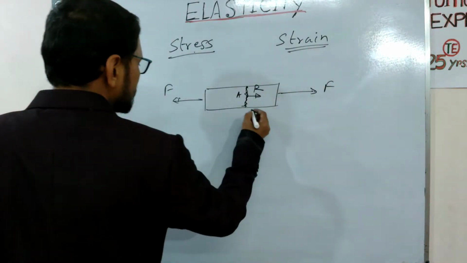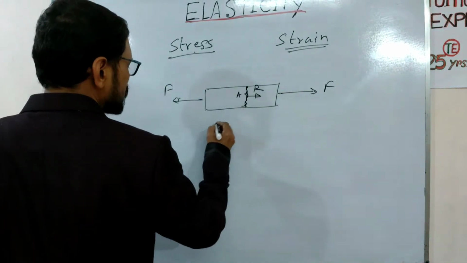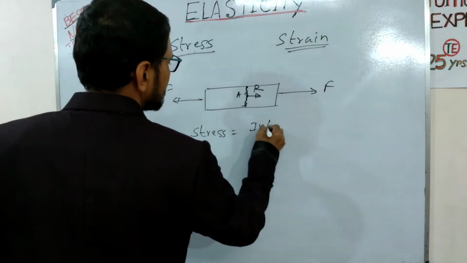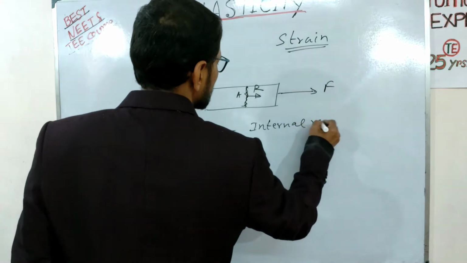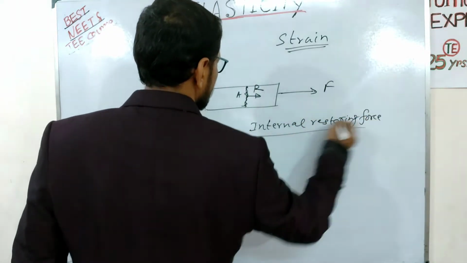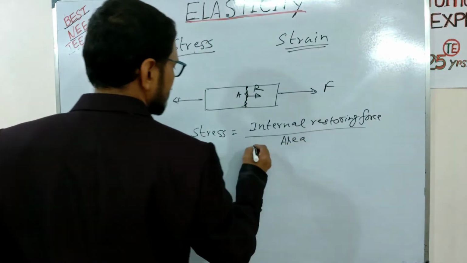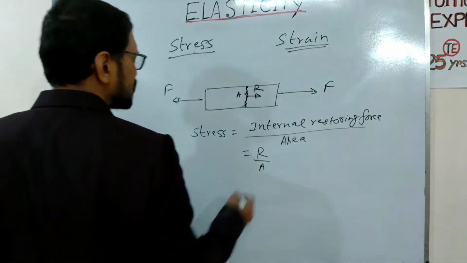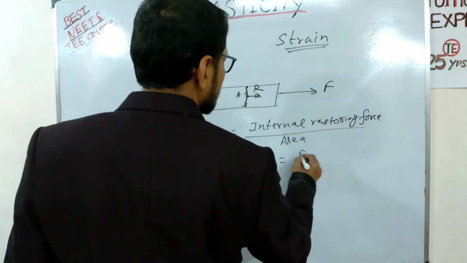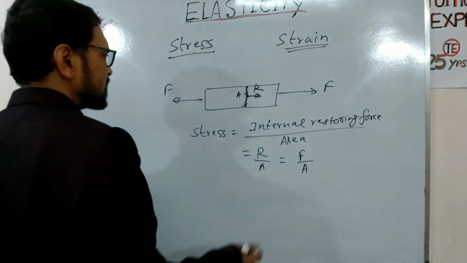Suppose this area is A. Now this internal restoring force per unit area is called stress. What is stress? Internal restoring force by area, that is R by A. R by A is equal to stress. Now as R equals F, we call stress equal to external force by area.